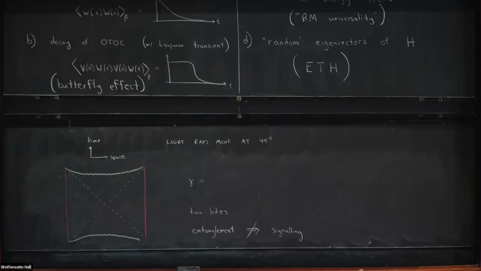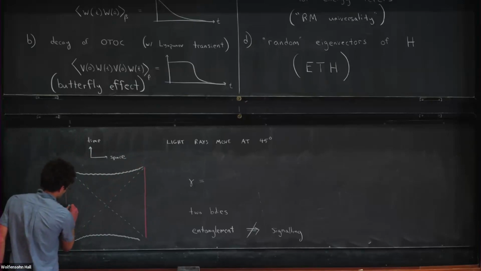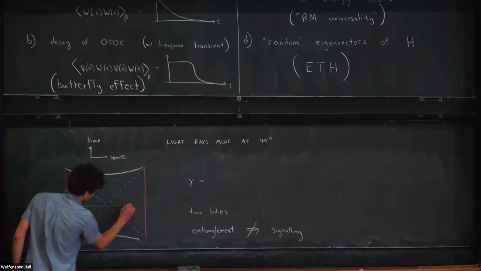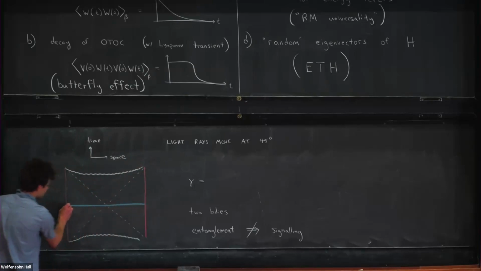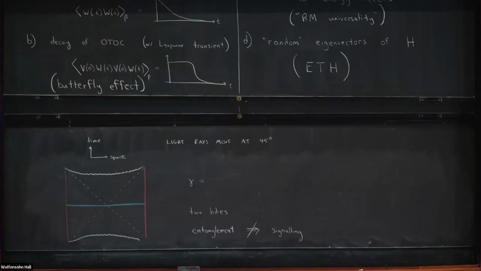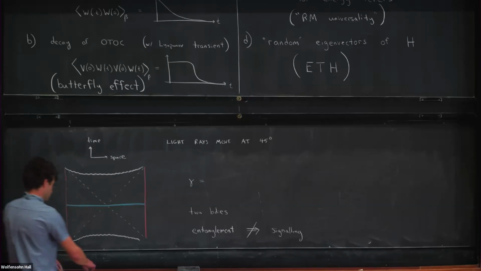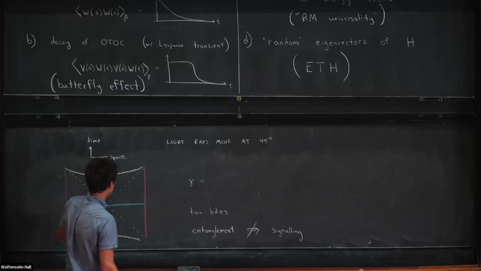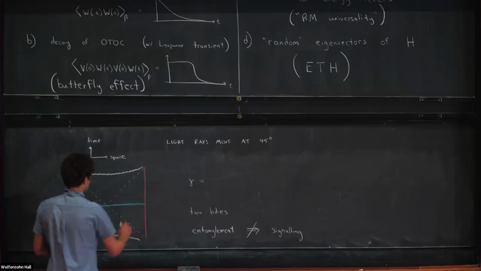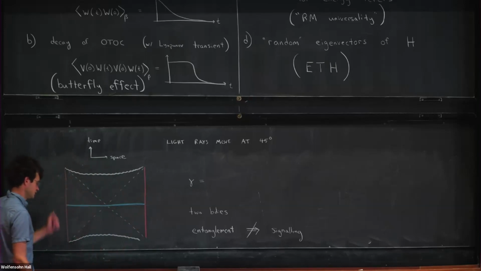So first of all, this slice here that goes straight across is exactly the same geometry as this blue slice. And starting from that blue slice over here and moving in theta, the theta equals 0 plus i times t is this region here, and the theta equals pi plus i times t is this region here.